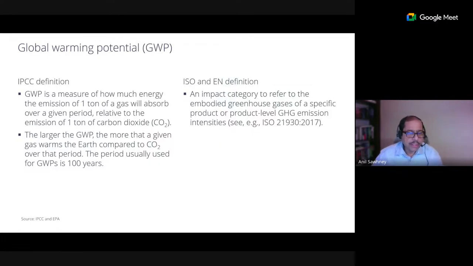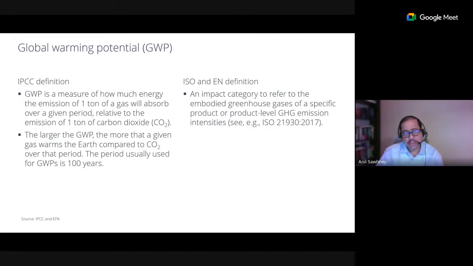So when we talk about GHGs, we are talking about these gases. The assessment that we are making is about GWP, or the global warming potential. An LCA can be utilized to study a whole range of environmental impacts, as I said, eutrophication, acidification, GWP, and so on. Our assessments in the construction sector primarily are going to focus on GWP. So what is GWP?